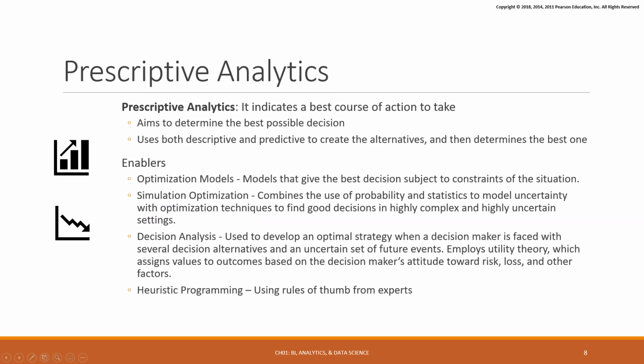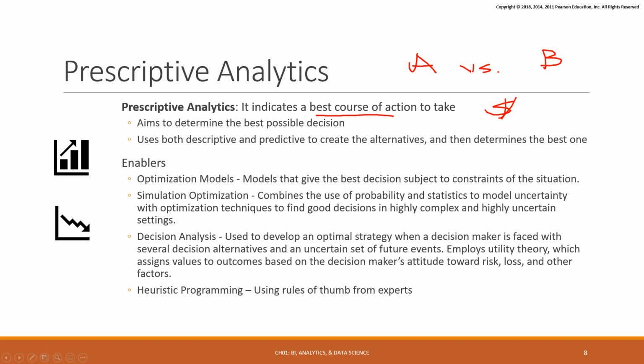So lastly is prescriptive analytics, and it is going to give us an idea of what's the best action to take. A lot of times if you have product A and you want to compare it to product B, you want to say which one of these, if I make it, will make me more money. So a maximization type of problem.